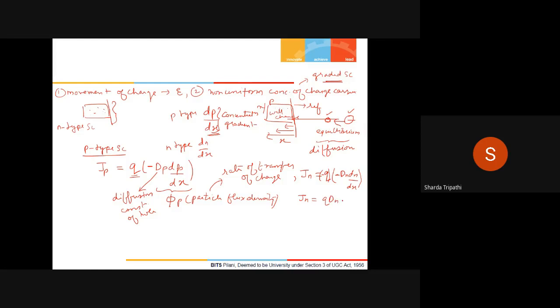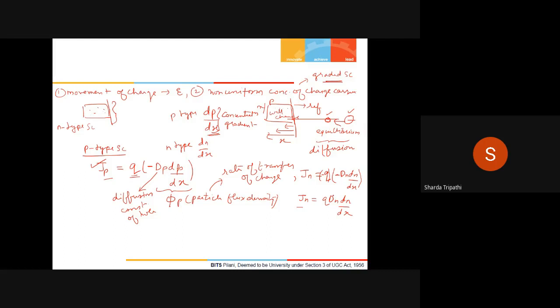This becomes q Dn into dn by dx. So if there is no external applied electric field, then the current density will be given by the concentration gradient and the charge defined over here, like Jp in this case and Jn in this case.